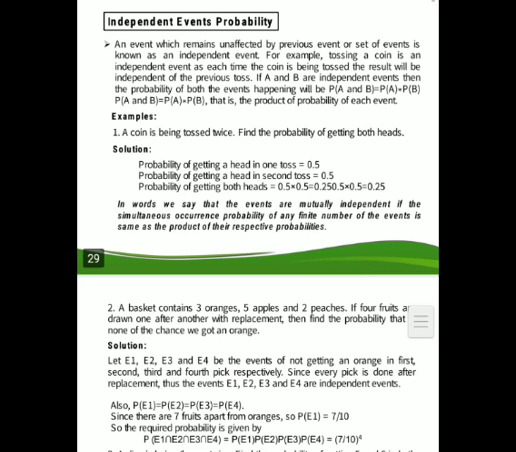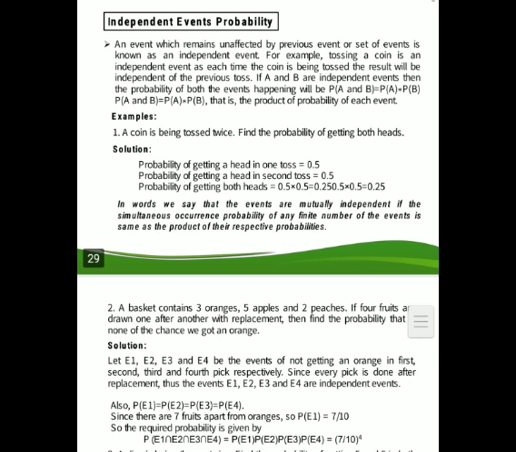Since every pick is done after replacement, the events E1, E2, E3, and E4 are independent events. Also, P(E1) is equal to P(E2) is equal to P(E3) is equal to P(E4).